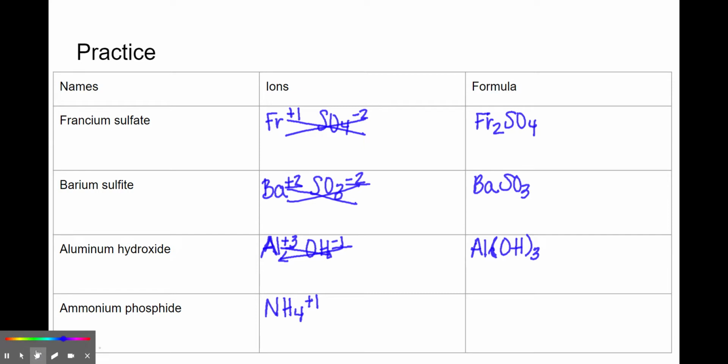Phosphide is just phosphorus. So I know it's P. And because it is in row 5A, its charge is -3. I'm going to cross those down. So I have 3 of the NH4s, so I need a parenthesis. And then I have 1 P.